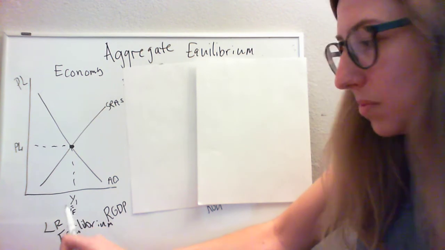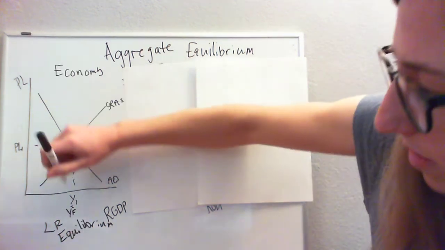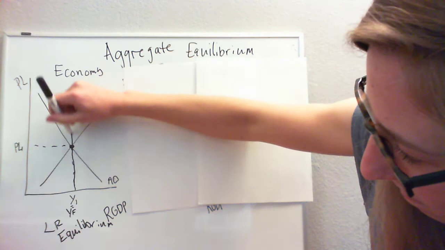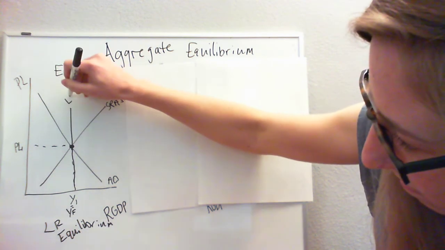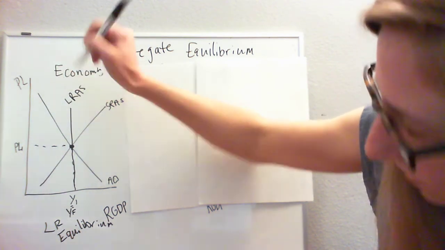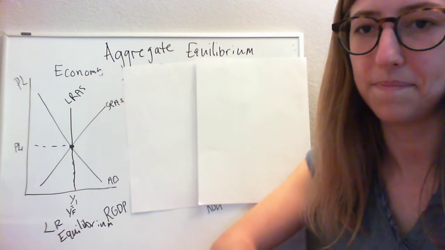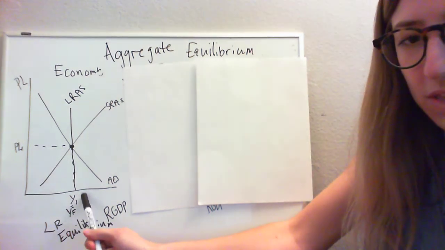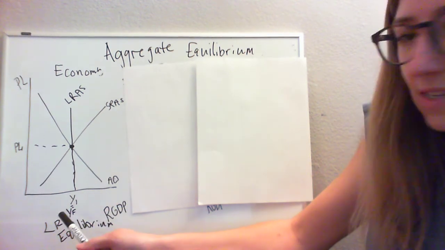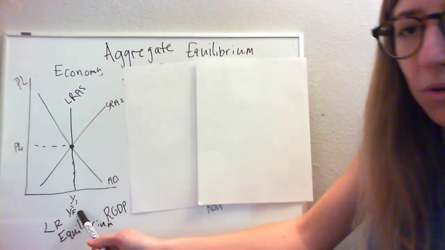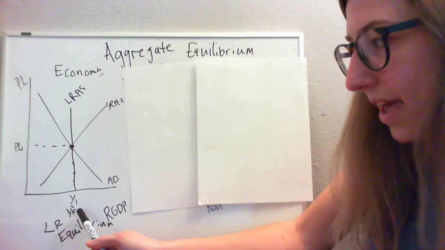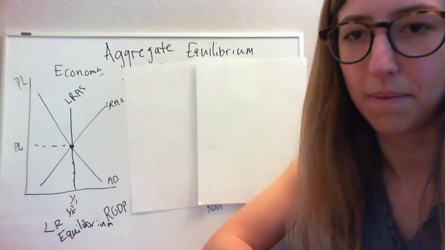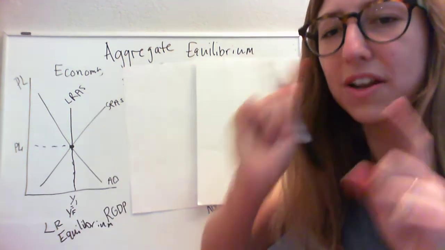The long-run aggregate supply line always lines up with YF, so I'm going to draw that and label it long-run aggregate supply. So in long-run equilibrium, the actual output of the economy, the intersection of SRAS and AD, is the same as the long-run sustainable productive capability of the economy, which is YF, which lines up with long-run aggregate supply.